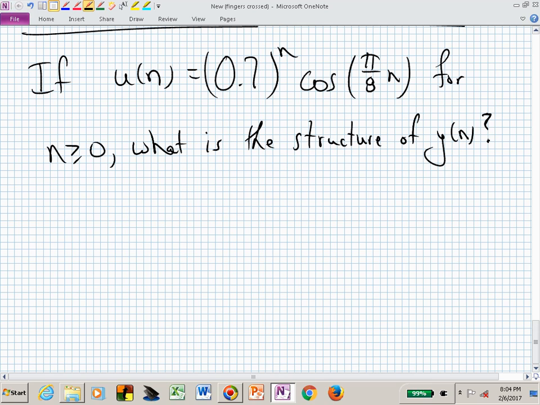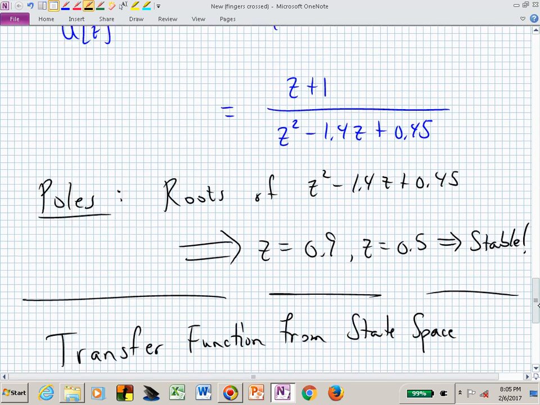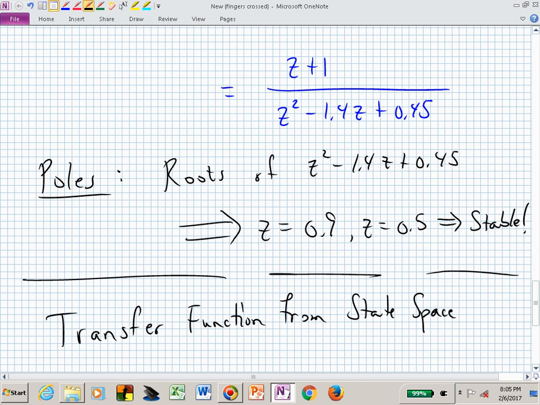But if I just walked up to the system and kicked it, how would it respond? Can you tell me, based on what we've already done earlier? If I just walked up to the system and kicked it, or initialized some initial values, how would it respond without an input?